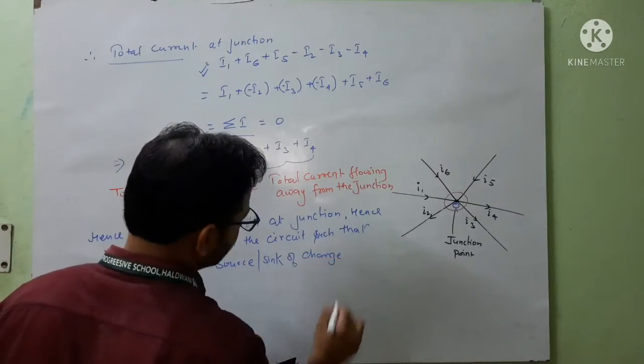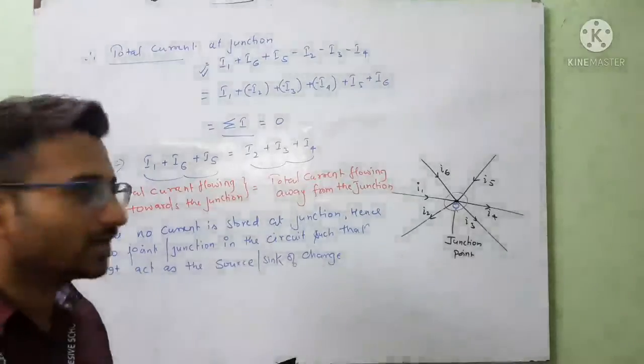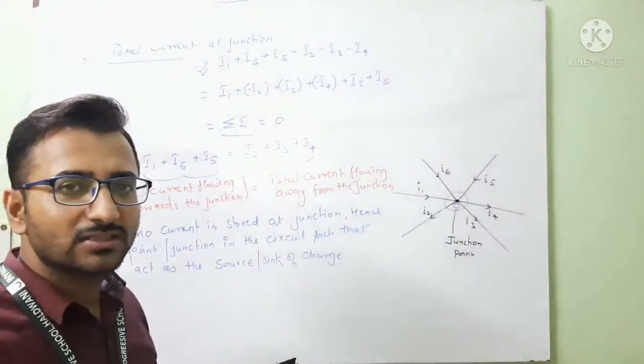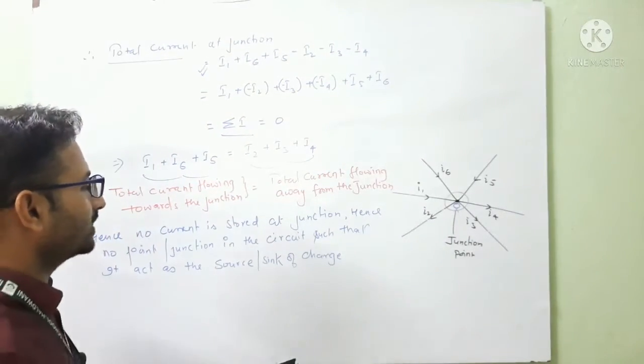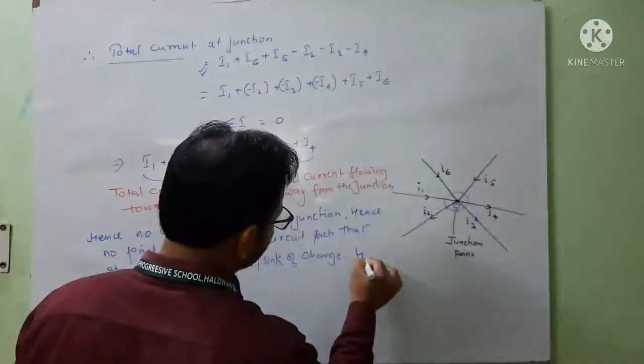That means there is no point or junction in the given circuit which will store the charge at the junction point.